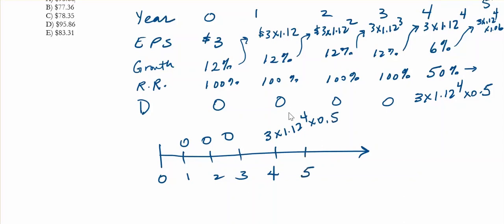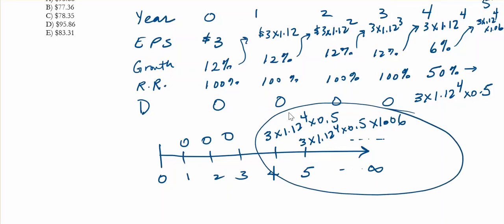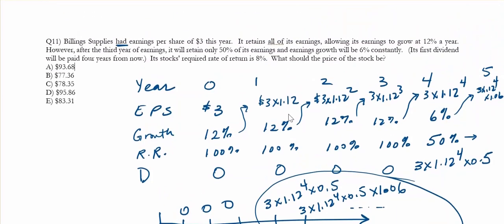And in year 5, that year 4 dividend will grow at 6% and then keep growing at 6% after that. So we have constant growth of 6% of these dividends. If we apply the growing perpetuity formula, it will give us the value at year 3, and then we would discount it back to get the value at year 0, applying the 8% required rate of return.